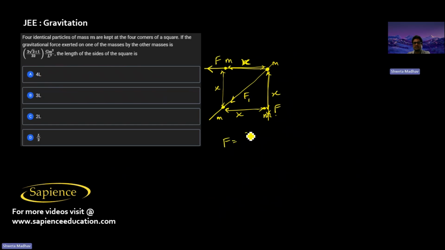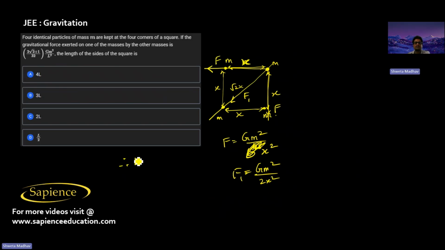So F will be equal to G m square by x square. And F1 would be equal to G m square by (root 2 x) whole square, that is 2x square.